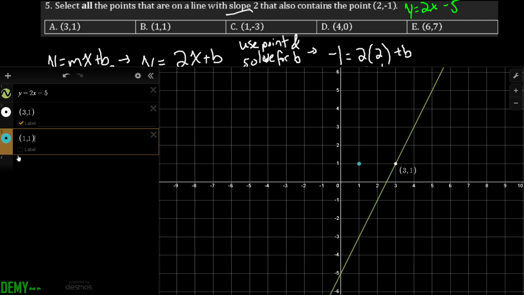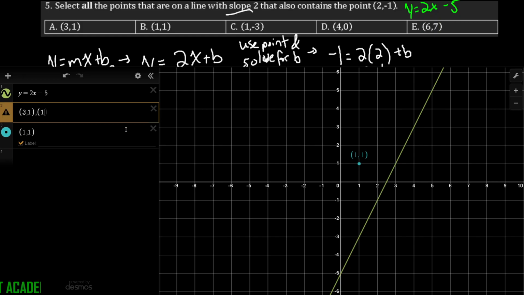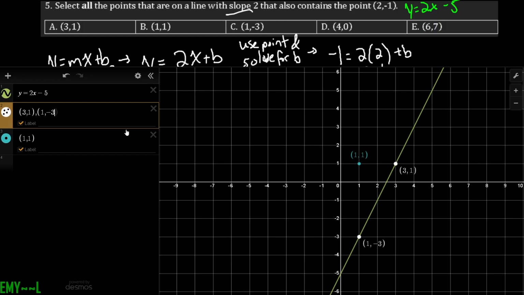It is not, so we're going to say that it is not good. What about the point 1, negative 3? That one's on there as well. And what about 4, 0? That one's not on the line.